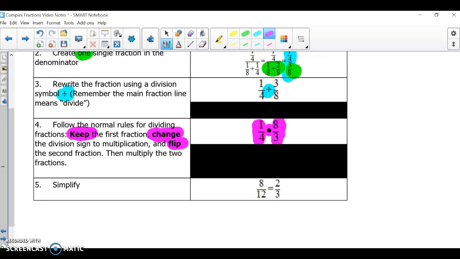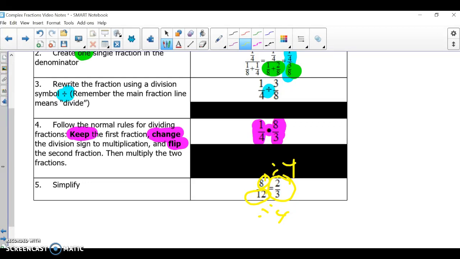So now that we have it as a multiplication problem, all we have to do is 1/4 times 8/3. 1 times 8 is 8, and 4 times 3 is 12. So now we can simplify. We divide each side by 4, and that gets us 2/3. You can also simplify via cross simplification, and we'll do that in our examples today.